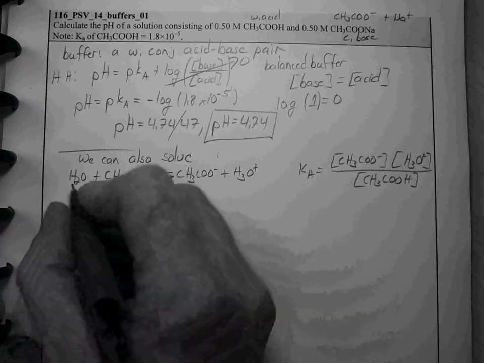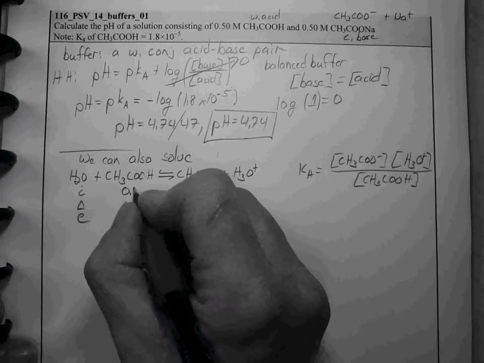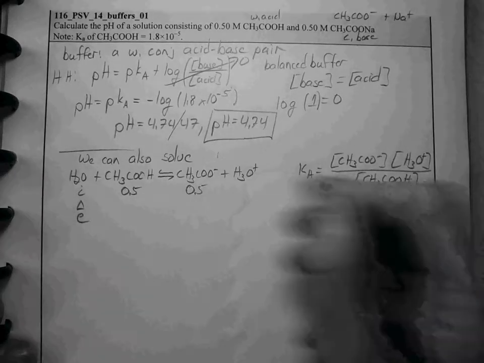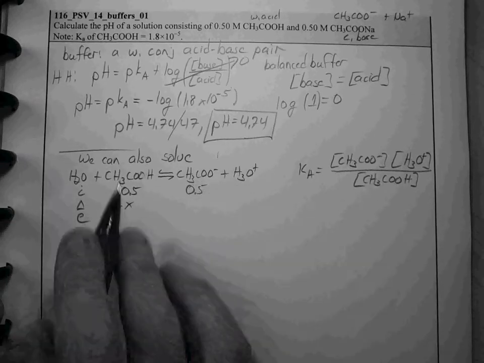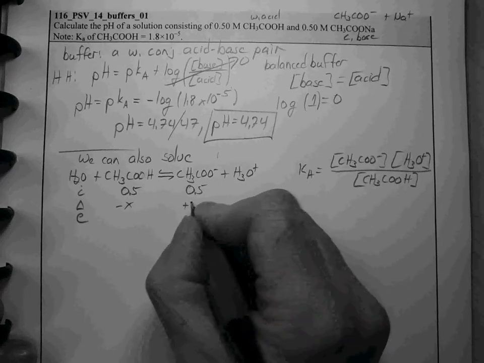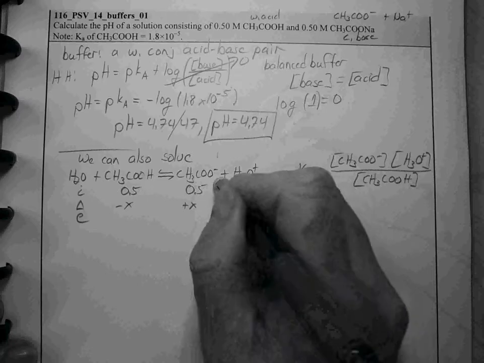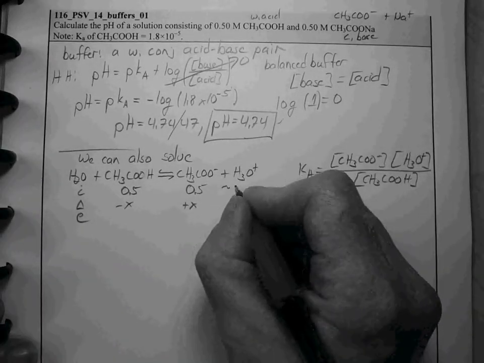Alright, let's write out our ice table. Initially, both our weak acid and its conjugate base are 0.5 molar. We assume that we're going to lose a little bit of our weak acid. We'll just assume that the reaction goes in the forward direction towards equilibrium. We could be wrong, but that'll come out in our calculations.